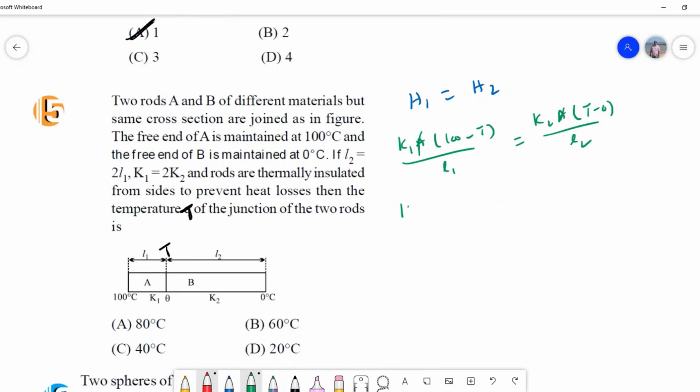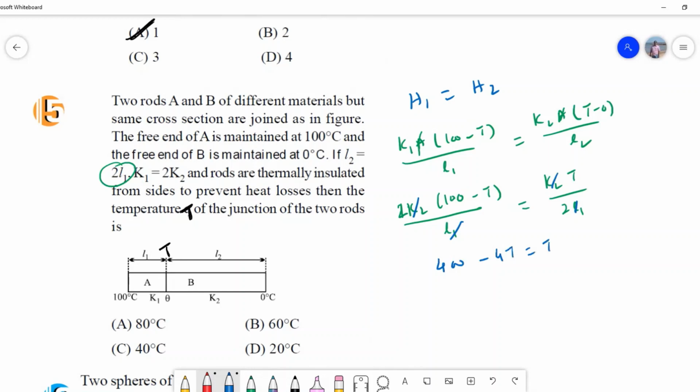K1 is 2K2, so 2K2 into (100 minus T) upon L1 is equal to K2 into T upon L2, and L2 is given as 2L1. So L1 and L1 cancel, K2 and K2 cancel. If you cross multiply, 400 minus 4T is equal to T, so 5T is equal to 400. So T should be 80 degrees centigrade, option number C.